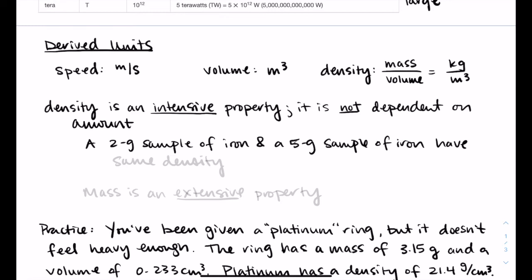It's just iron has some density, and it's that relationship between the mass and the volume. So obviously these samples have different masses, so they would have different volumes, but they would be the same in terms of the density.